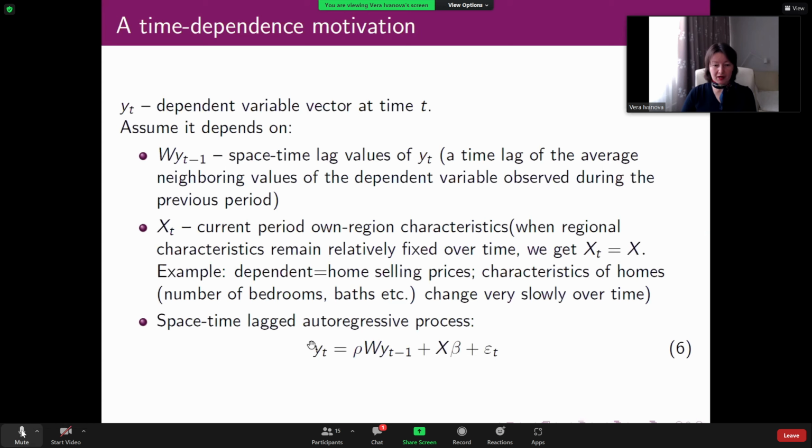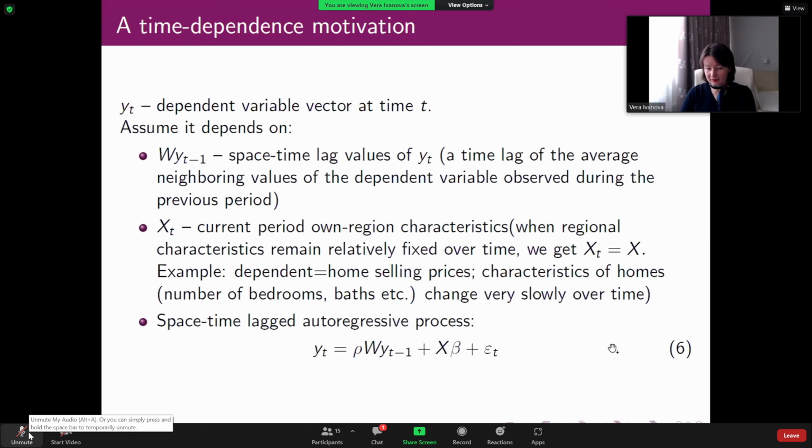Now we're constructing a spatial regression, and we model the dependent variable according to this scheme: our dependent variable depends on the characteristics of my observation and the dependent variable of the neighboring observations for the previous time period.